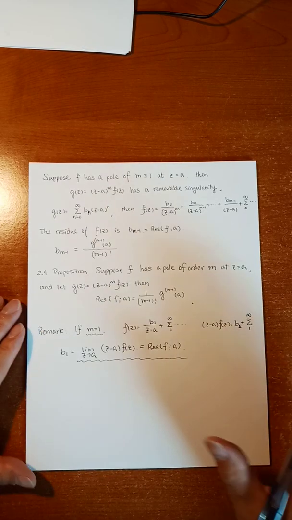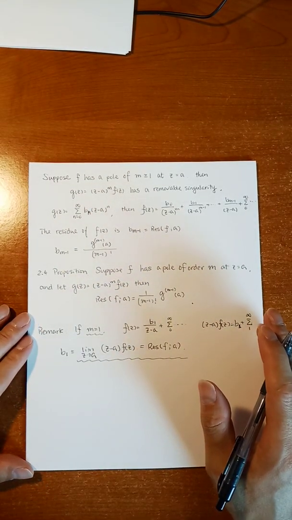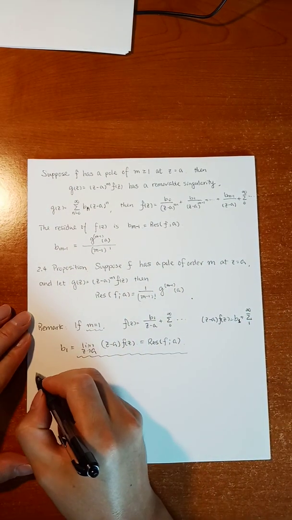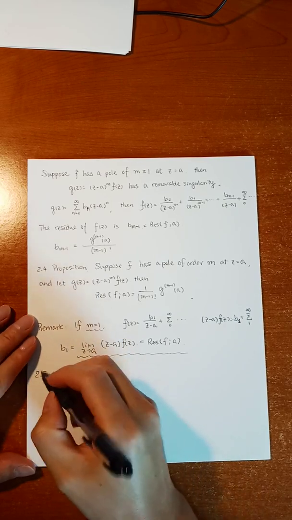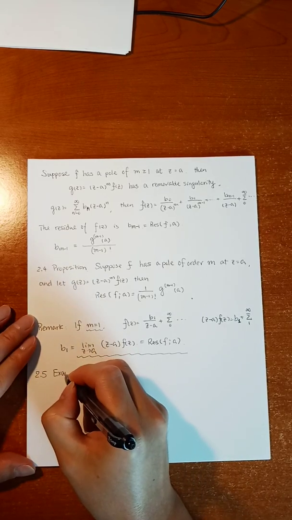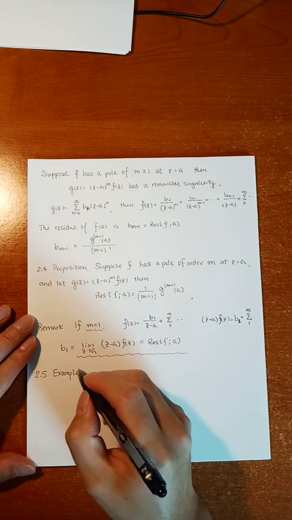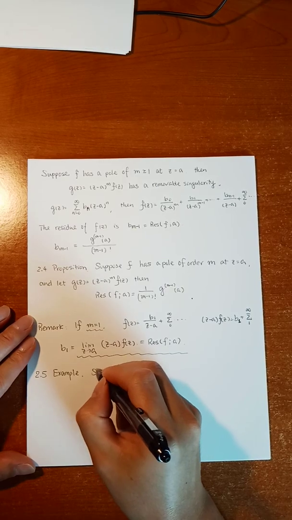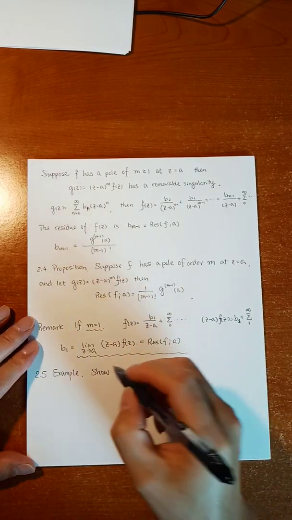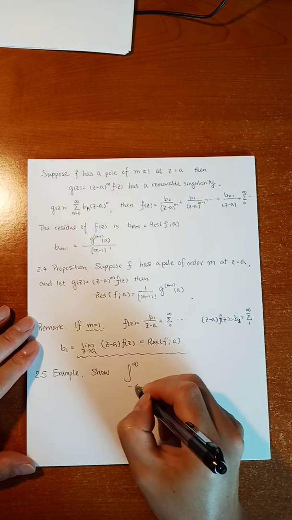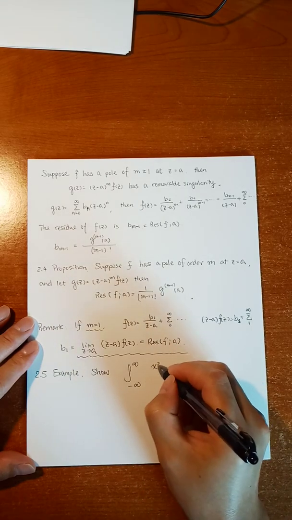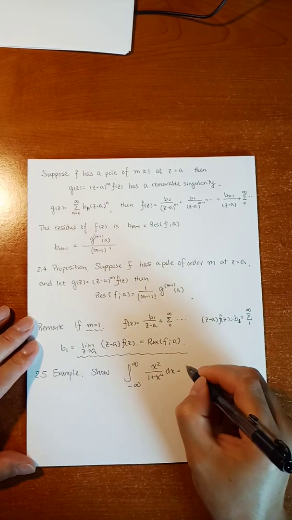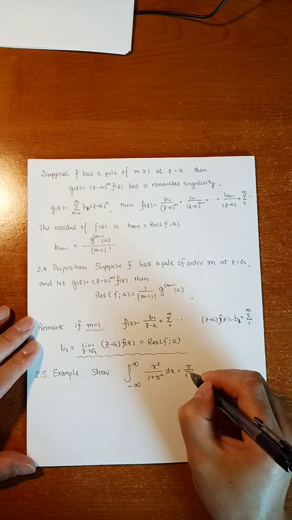Okay, now let's try to apply the residue theorem to a certain computation. This is one of the important applications in real integration, improper integrals. So we're going to show that the integral from negative infinity to positive infinity of x squared over 1 plus x to the 4th power dx is equal to pi over square root of 2.